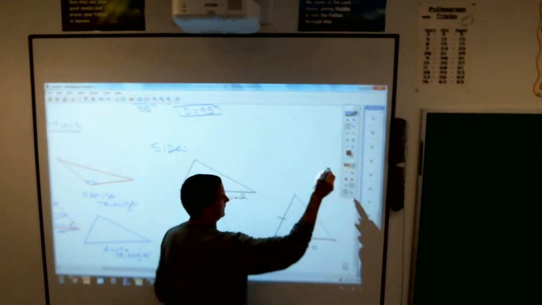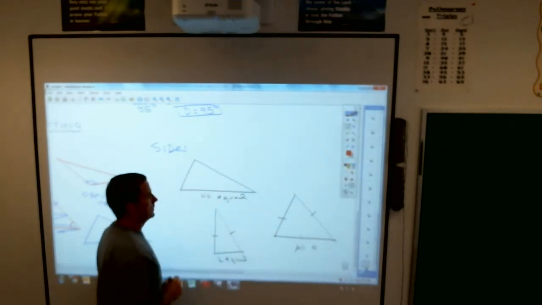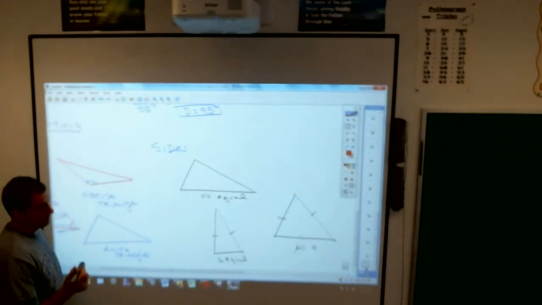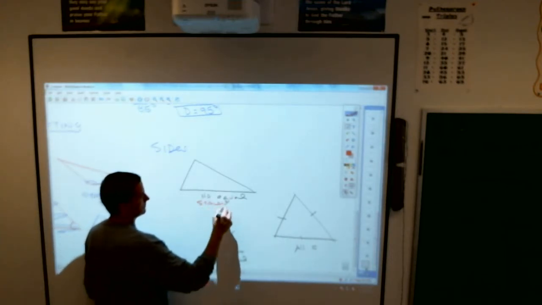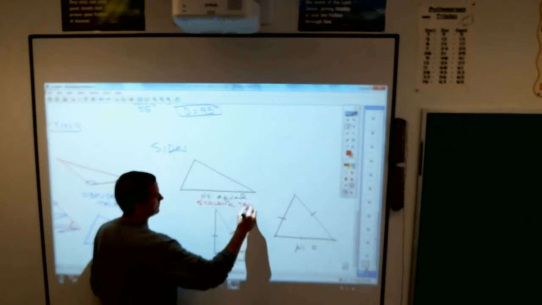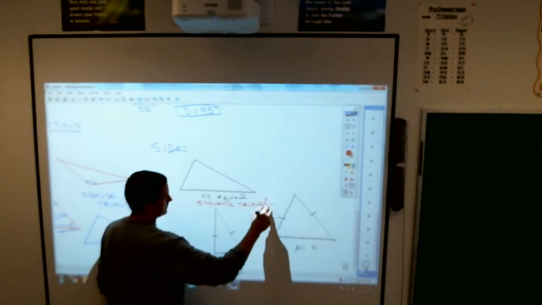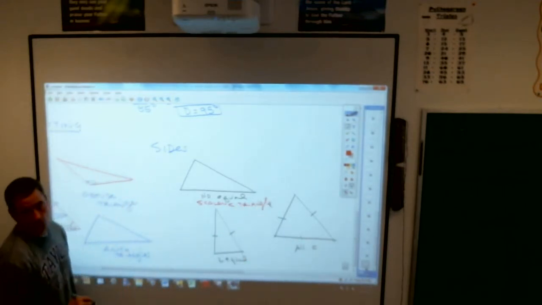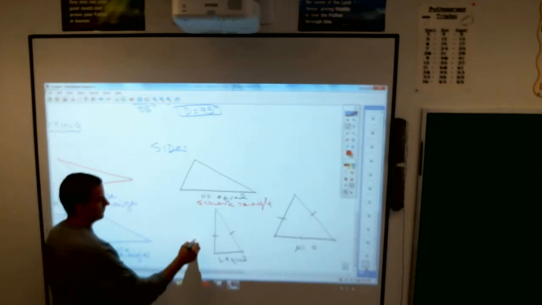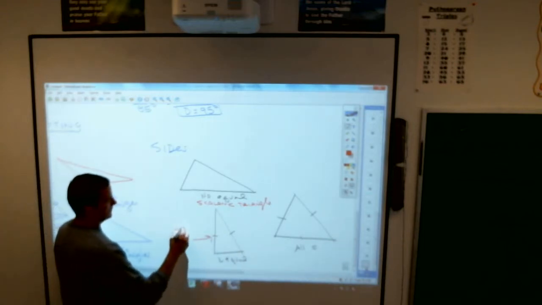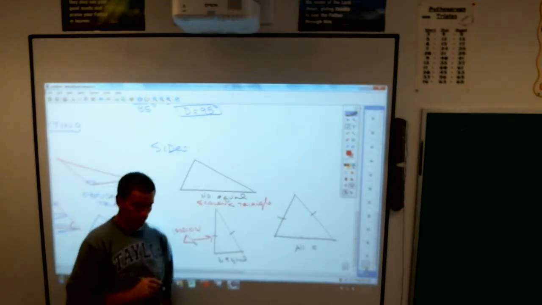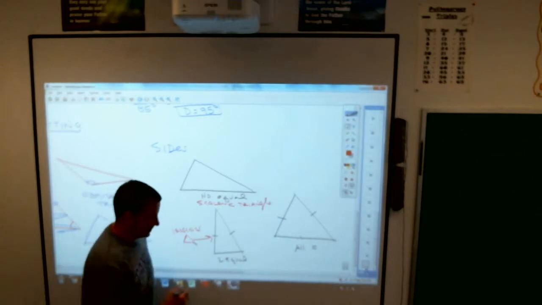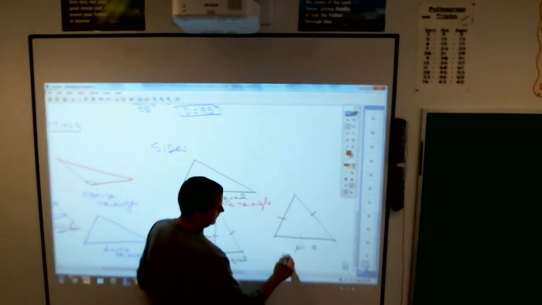And what are those names? No equal sides is, Tyler, a scalene triangle. Two equal sides, Carter A, is isosceles. And all three equal sides, Wade, is equilateral.